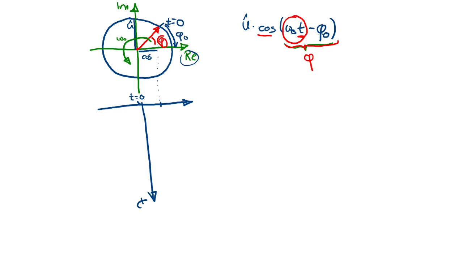Yeah. And now let's imagine the time advances. The pointer starts rotating in counterclockwise direction. And when the time is, for example, 1, the pointer is at this position. Now let's take the projection. Then we mark here our time point 1.